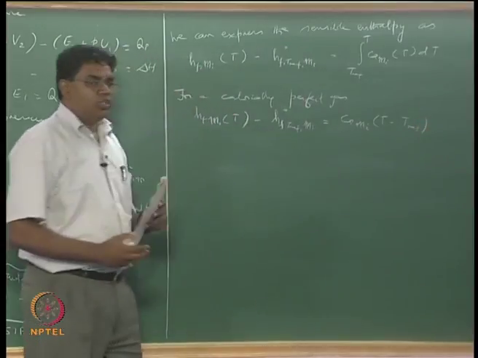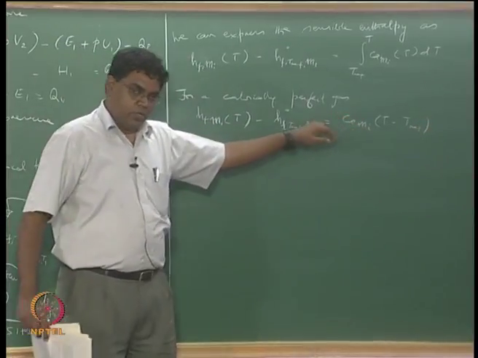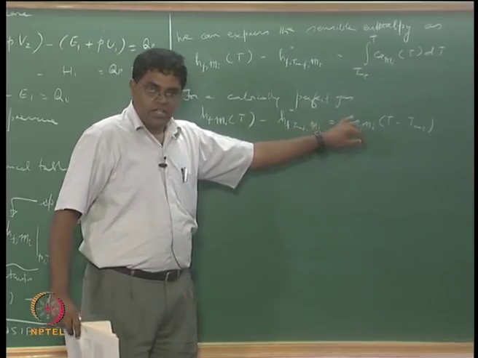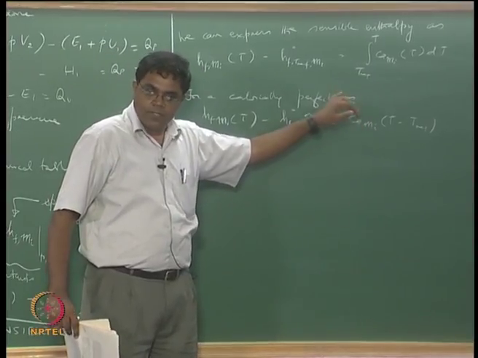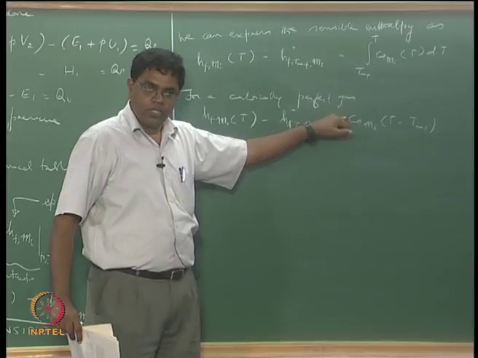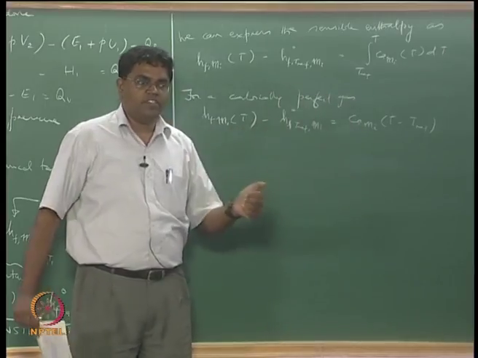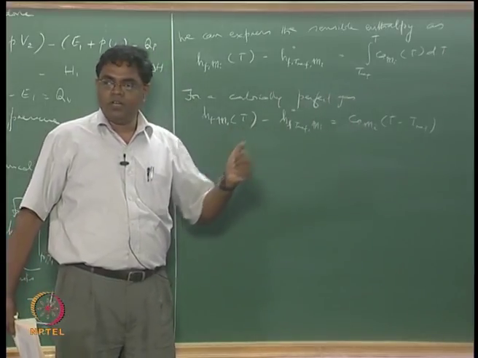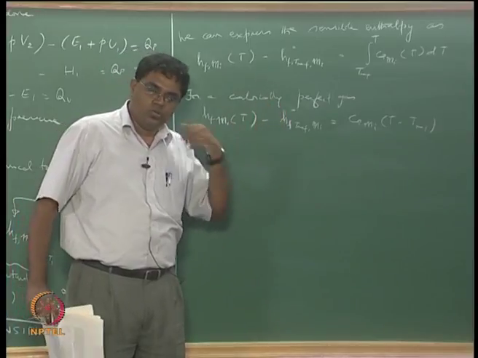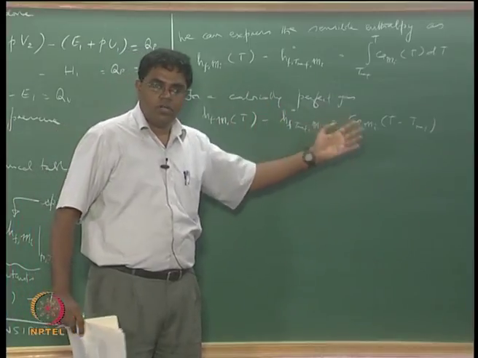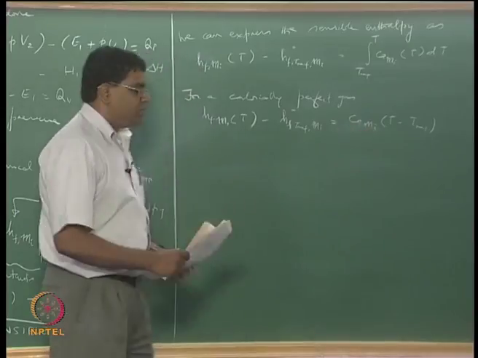Now I want you to note that for the first time we are recognizing that each and every species may have different Cp than the other, okay. So Cp is actually species specific. Keep this in mind, it's going to now haunt you through the rest of your lives if you're doing combustion for the rest of your lives, okay.